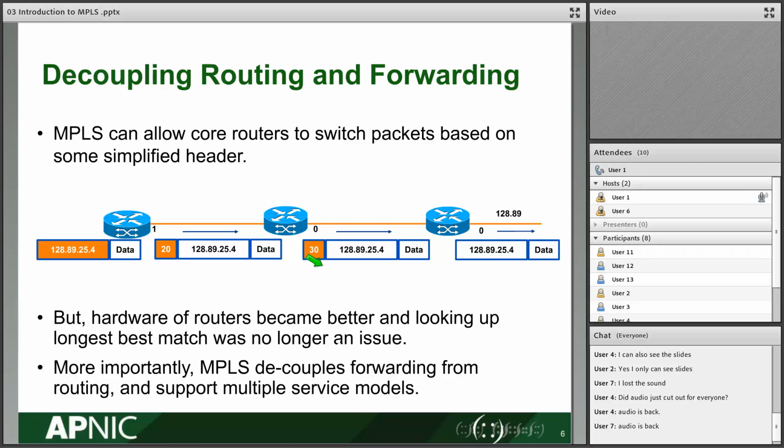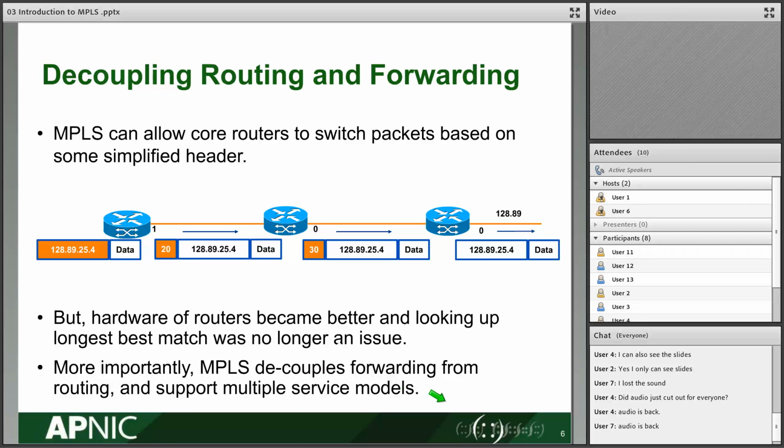So what is the reason MPLS is still used? The important reason is that MPLS decouples forwarding from routing, so the forwarding paths are not decided by the routing, and it supports multiple service models.